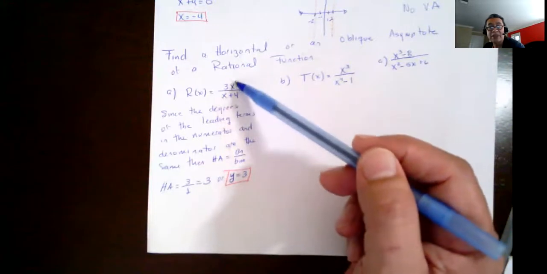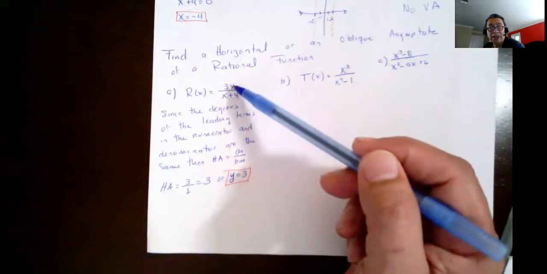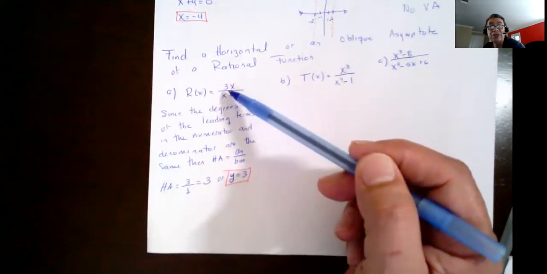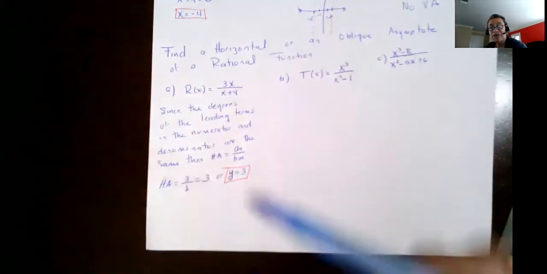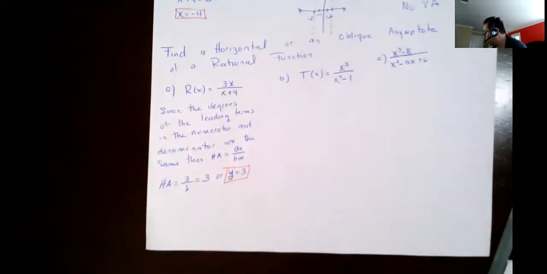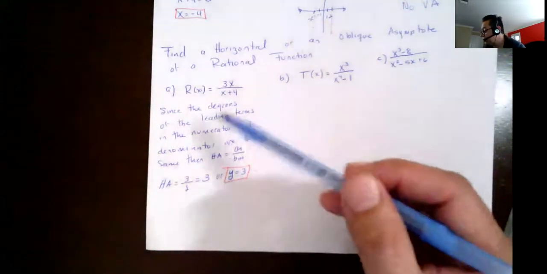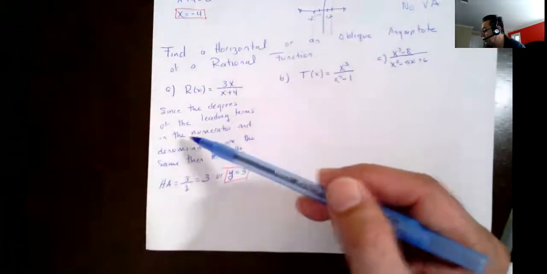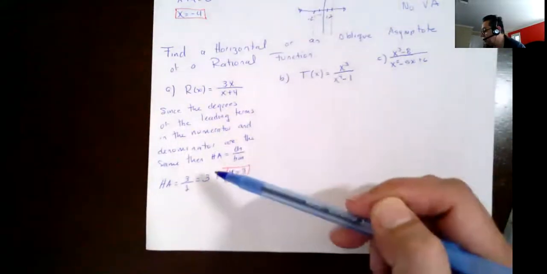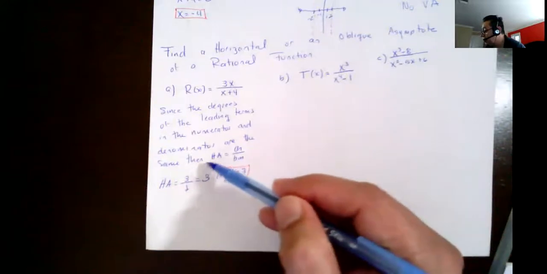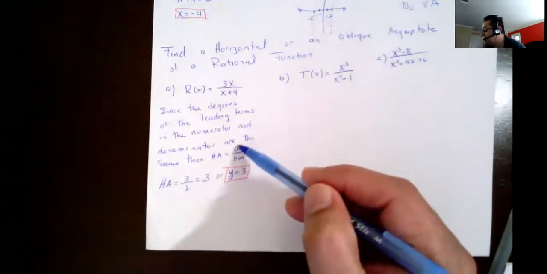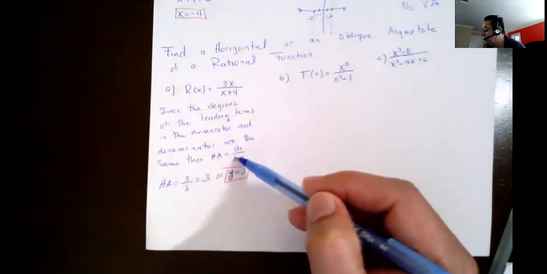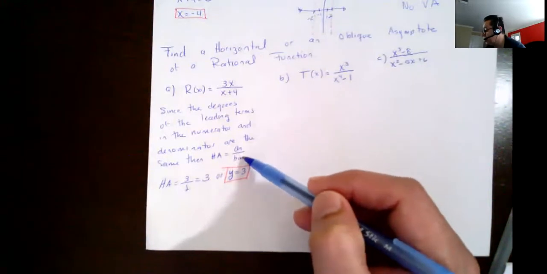Notice the degree in the numerator is 1, and the degree in the denominator is 1. So the degrees are the same. So this is case number 2, by the way, where n equals m. And notice it says, since the degrees of the leading terms in the numerator and denominator are the same, then the horizontal asymptote is equal to a sub n divided by b sub n, which are the coefficients, by the way.